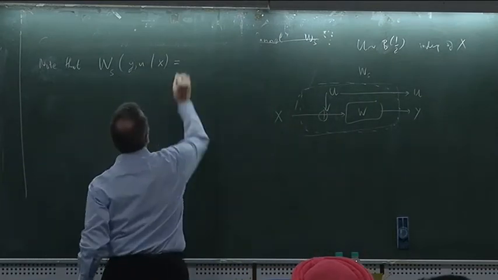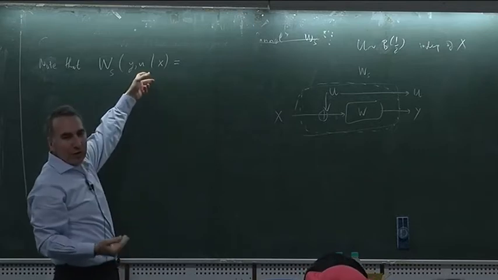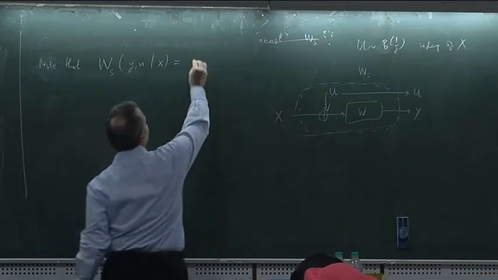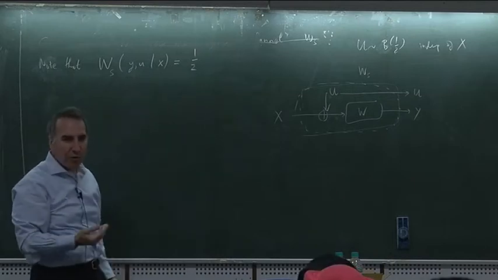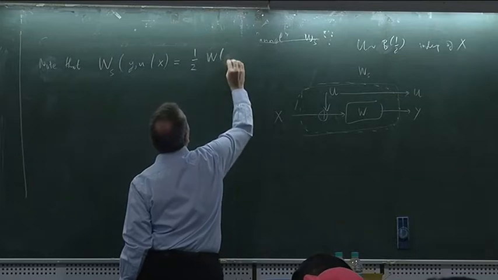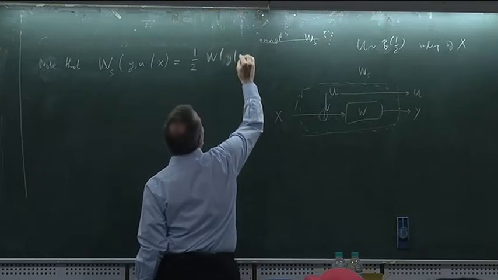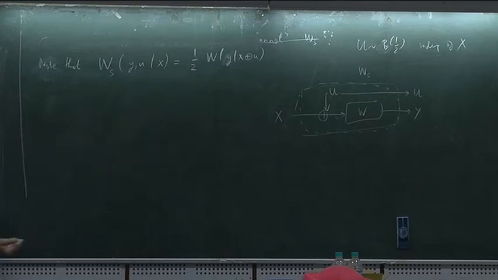No matter what x you send, the u is going to be a coin flip, so we get half for the u. And then depending on which coin flip we got, we send across the channel to obtain the y, from x XOR u.